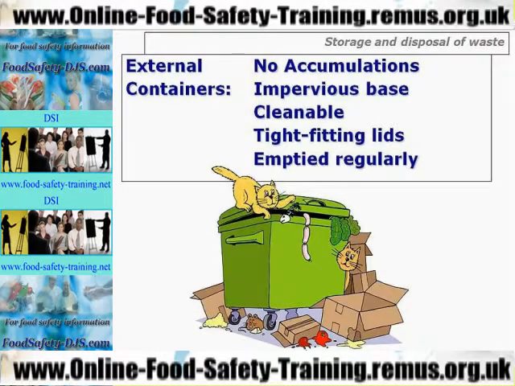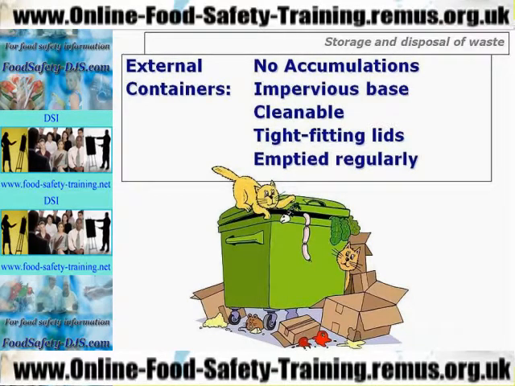With external bins, there shouldn't be any accumulations outside the main bin. In other words, no black bags tied up and left outside the bin, which could attract pests onto the premises, such as birds and rodents actually clawing at the bags and then attracting other pests. The bins should be held on an impervious base, such as concrete or tarmac. Pests do not like open, flat spaces.